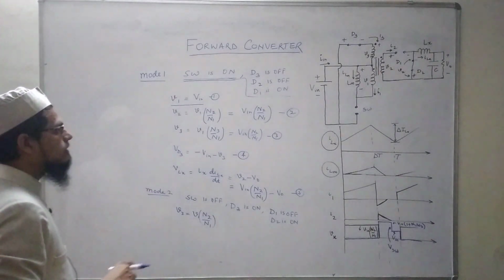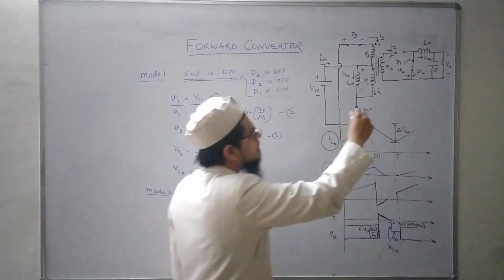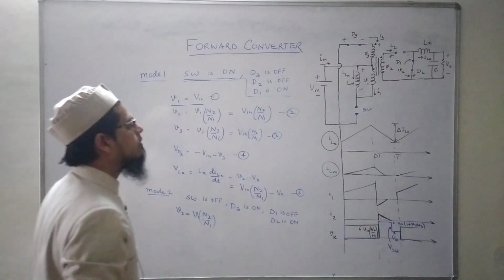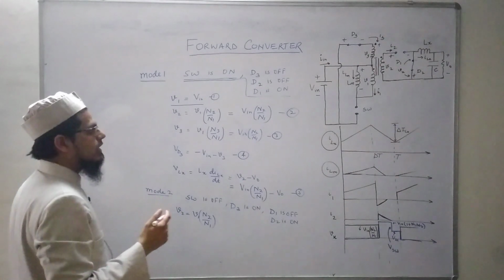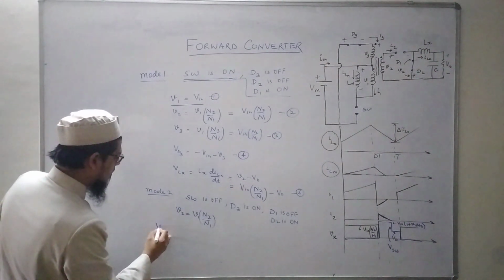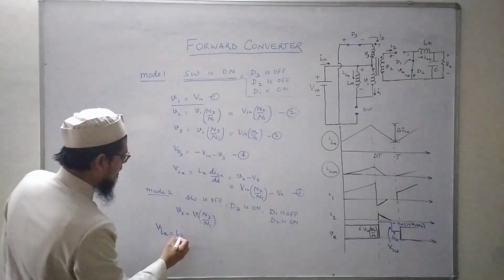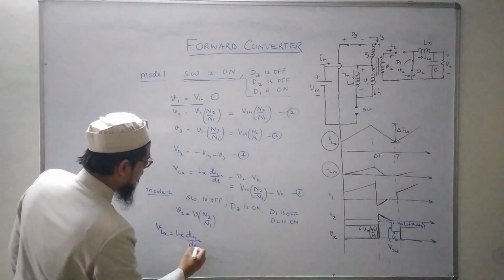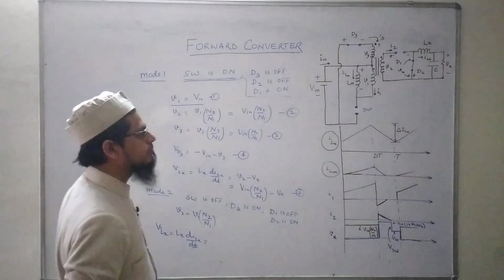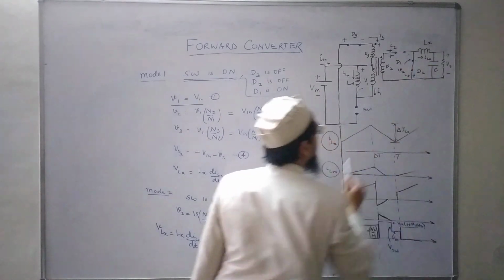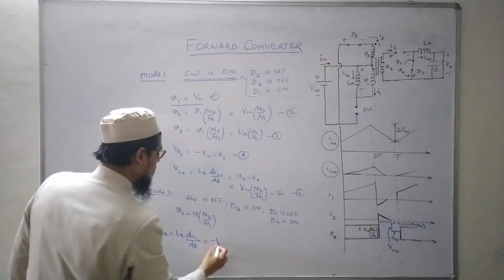So let us see. Let me first try to find out the voltage that will be appearing across the inductor Lx. So that is quite important. So V Lx is again Lx di Lx by dt, and that will be equal to, if I apply KVL in this loop, minus of V0.